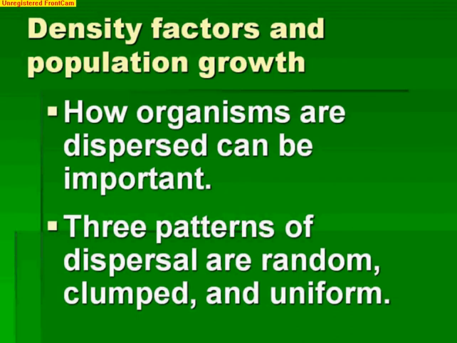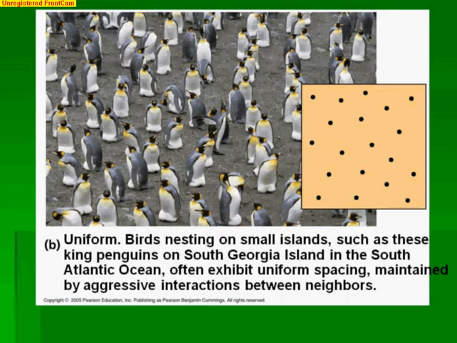Looking at density factors in population growth, how organisms are dispersed can be important. And there are 3 patterns of dispersal or distribution that we can see in various ecosystems. Random, clumped, and uniform. So if we look at uniform distribution, uniform distribution is when there is equal spacing between individuals, or very near equal spacing.